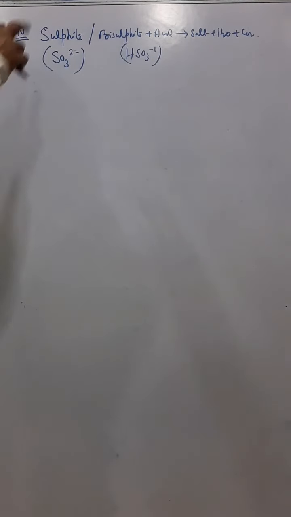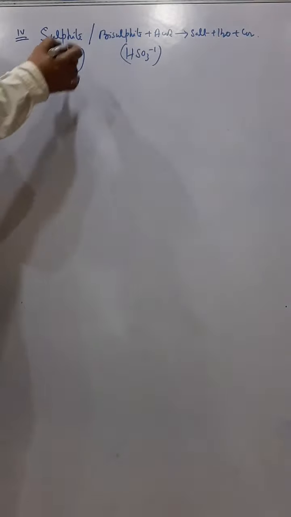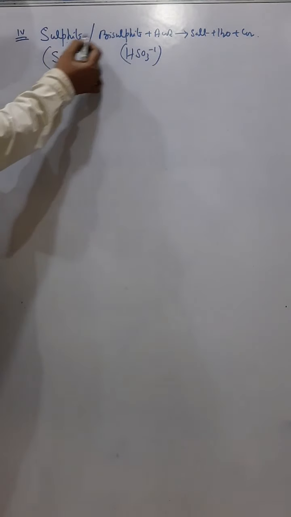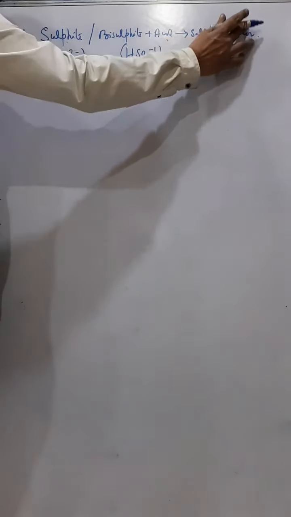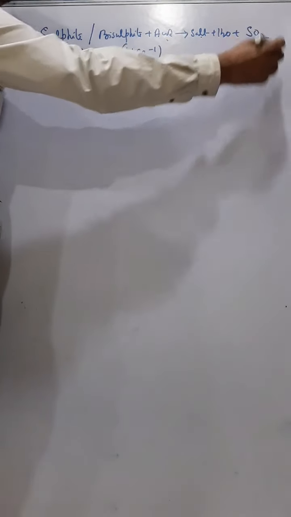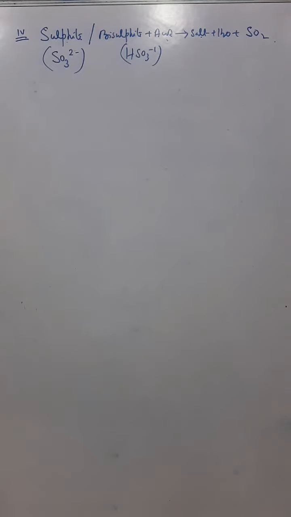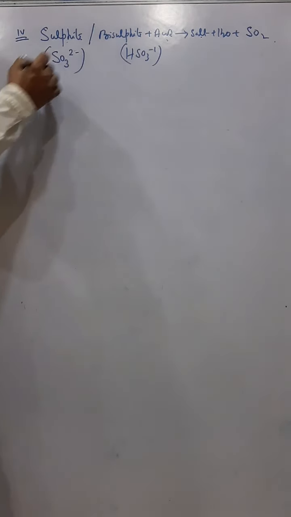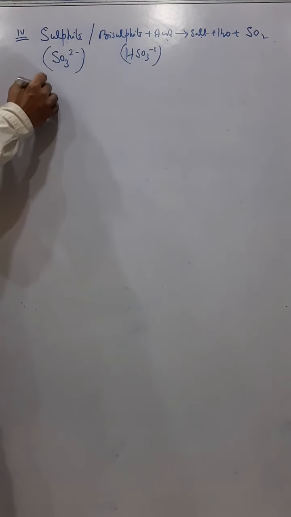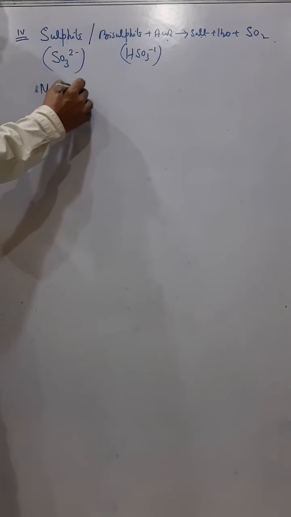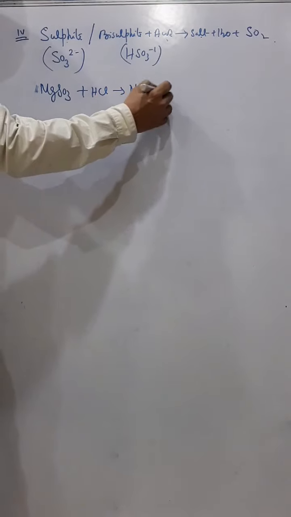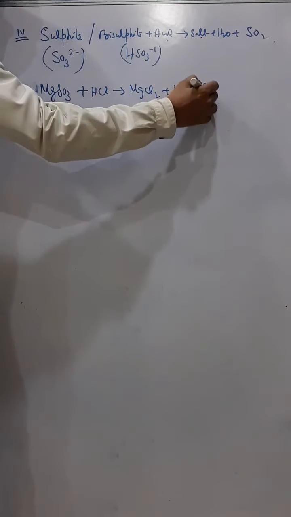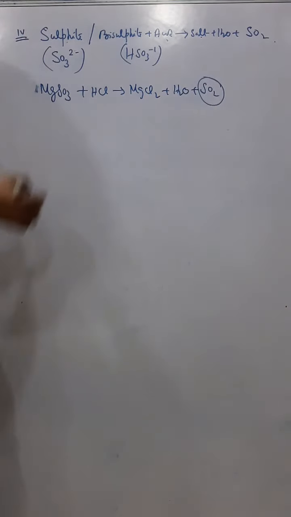Similar to carbonate and bicarbonate, if you use a sulfite or a bisulfite with acid, you get a salt plus water plus sulfur dioxide. Say magnesium sulfite, MgSO3 plus HCl, you get MgCl2 plus H2O plus SO2, sulfur dioxide.